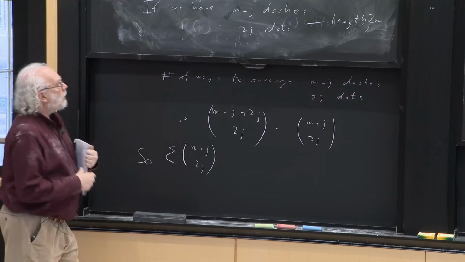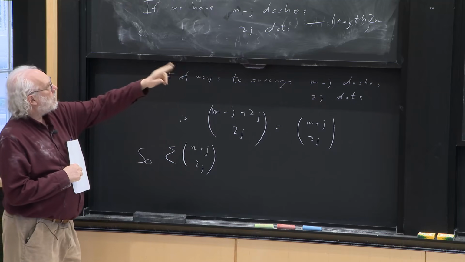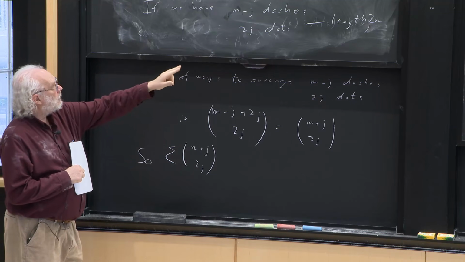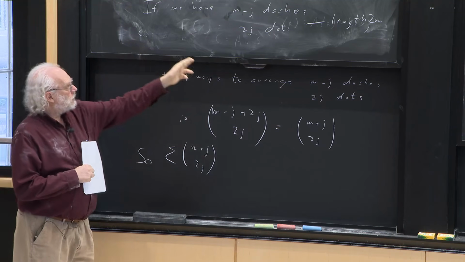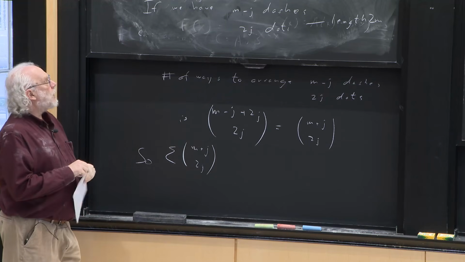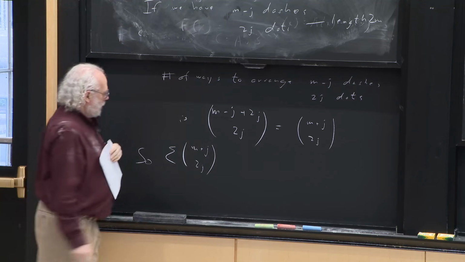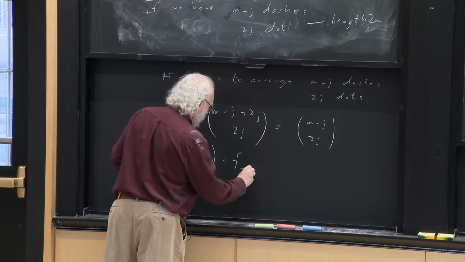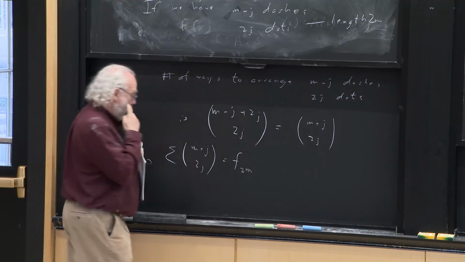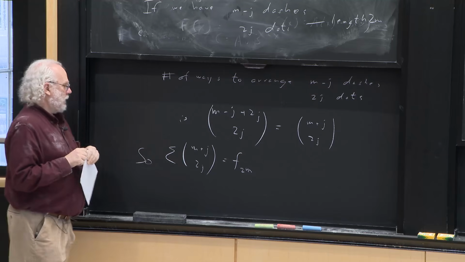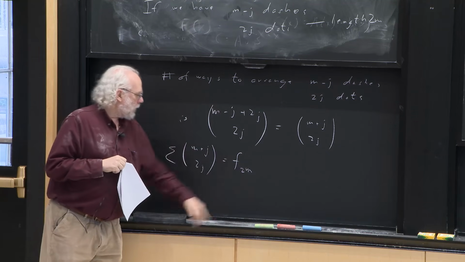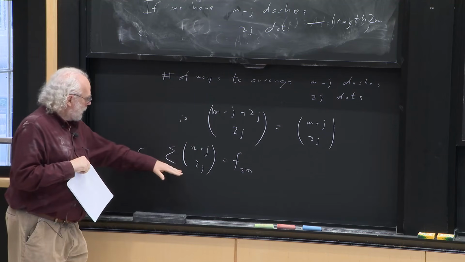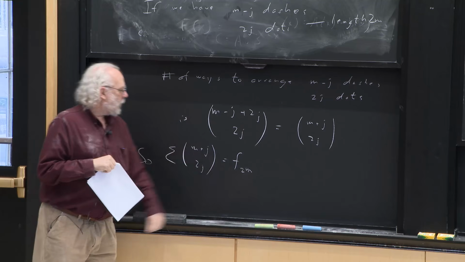So this is the number of ways of arranging dots and dashes to a length 2m total. So this is equal to the Fibonacci number of length 2m. Maybe this is 2m plus 1 or minus 1 or something. But anyway, this gives you the formula.